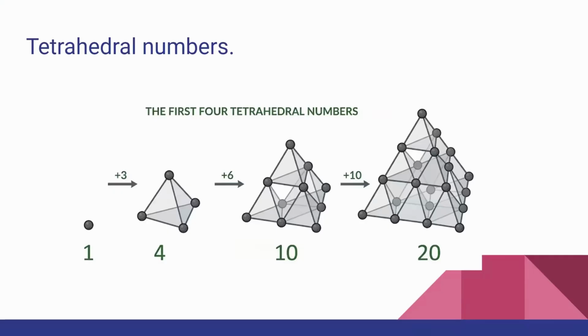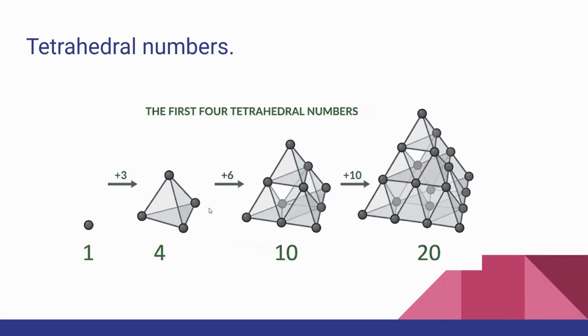Now I'd like to look at tetrahedral numbers and do kind of a similar process. We added up sticks to make triangles, and we're going to be adding up triangles to make a tetrahedron. Here are the first four tetrahedral numbers, 1, 4, 10, and 20.